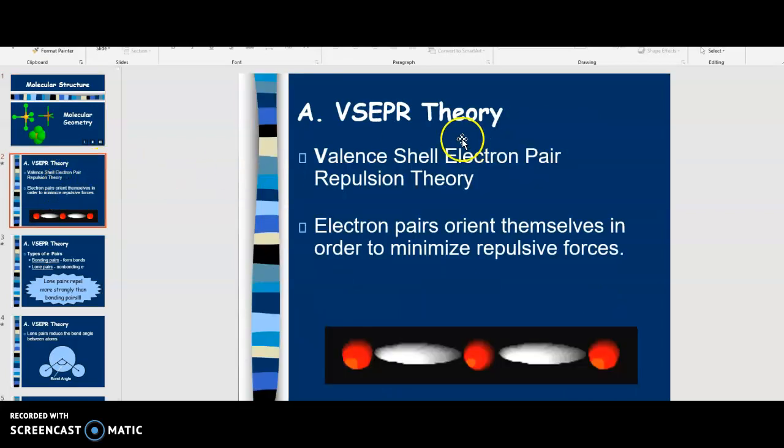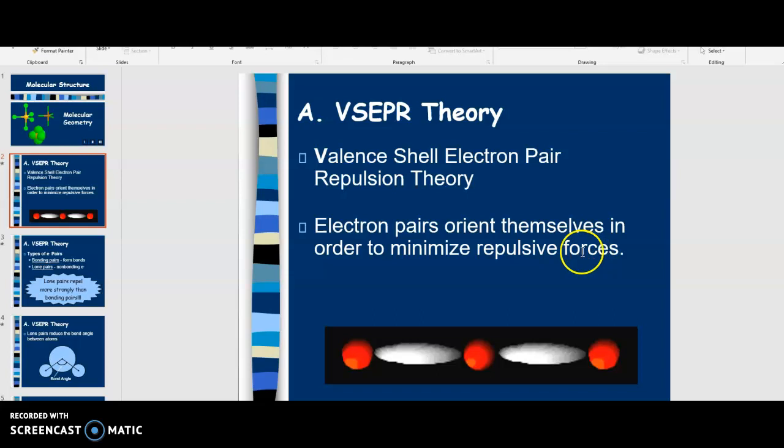Alright, so VSEPR stands for valence shell electron pair repulsion theory. Basically, this says that pairs of electrons, whether they're in bonds or lone pairs, are going to orient themselves around a central atom in a way that minimizes the repulsive forces.